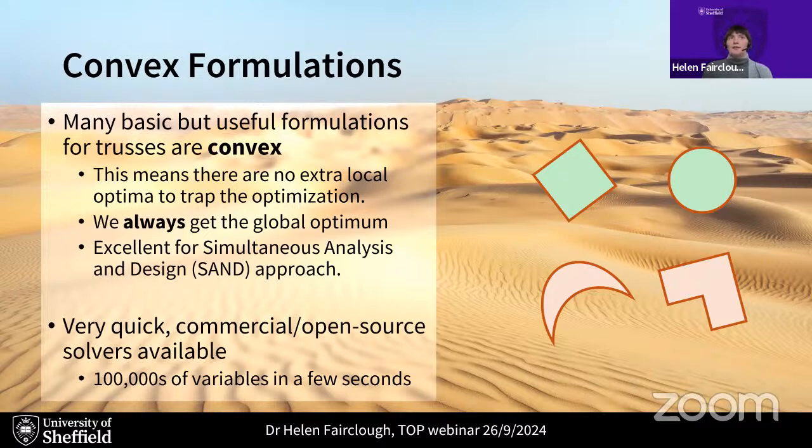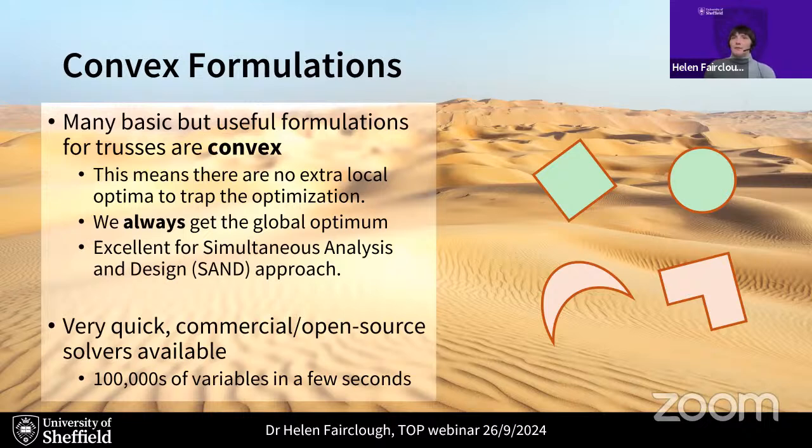They're convex. The moon shape and the L shape at the bottom, if you start somewhere and just keep heading down, you can maybe end up in the corners and you can't jump out of there. So because we're looking at problems that are convex, we always get the global optimum.